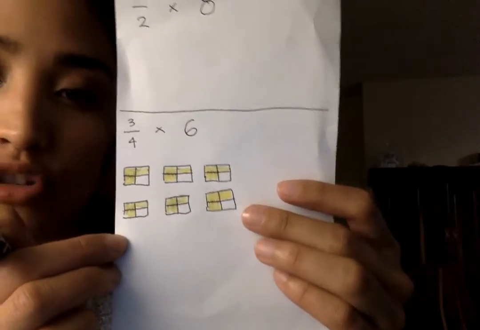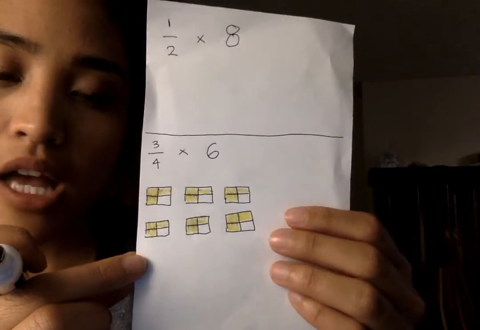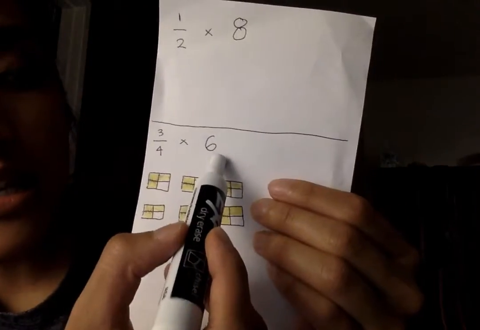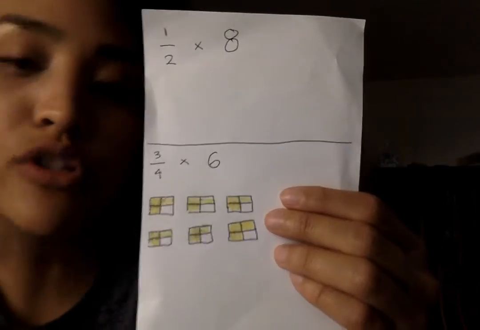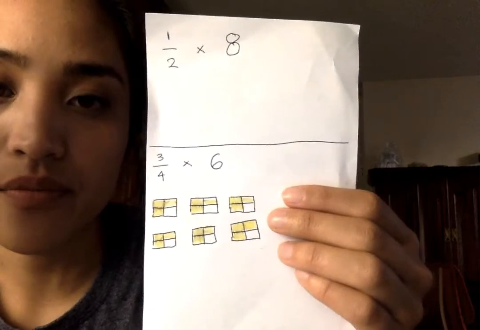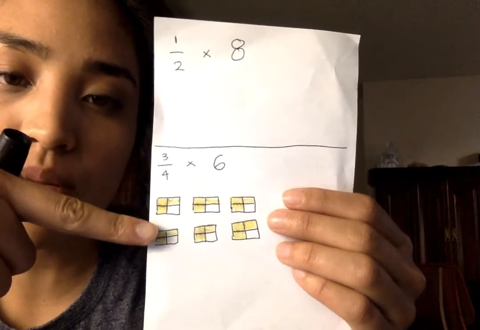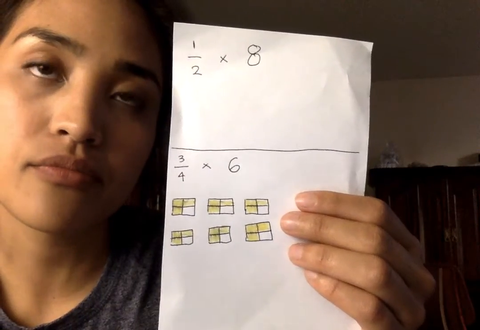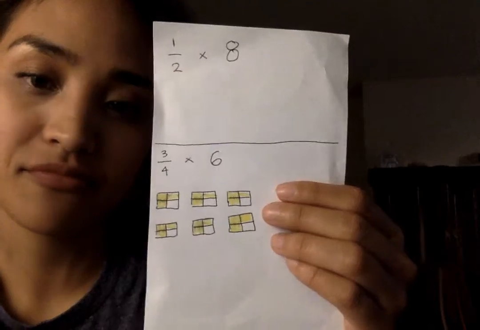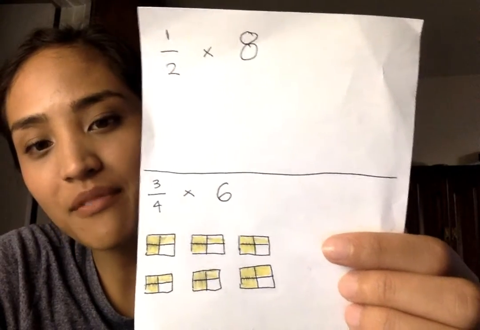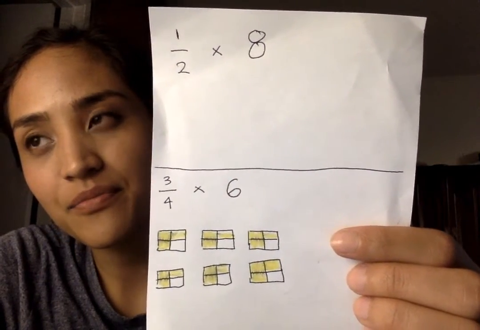I've already drawn this out for you, but I want you to show me by turning this 6 into an improper or top-heavy fraction. You can rewind this video to see how I did that. The picture is already drawn for you for this one, and for this one I want you to draw your own picture. Okay, have fun with it, guys. You can pause this video or look at the description bar to see the practice problems.